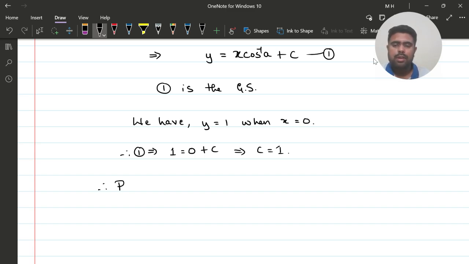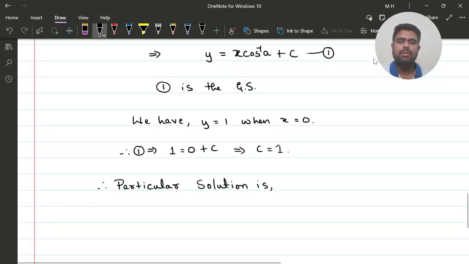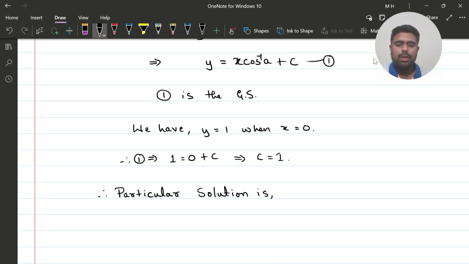So therefore the particular solution is given by y equal to x cos inverse a plus c, with c equal to 1. The general solution remains the same.